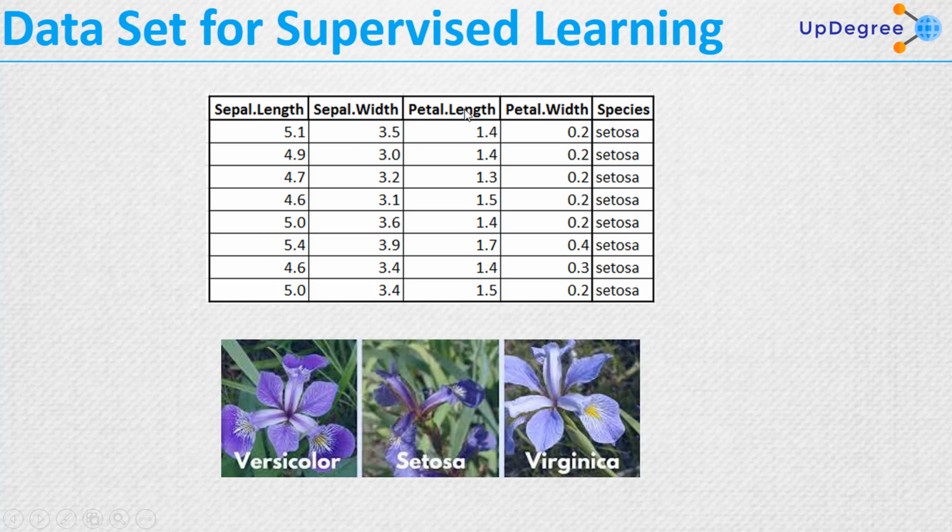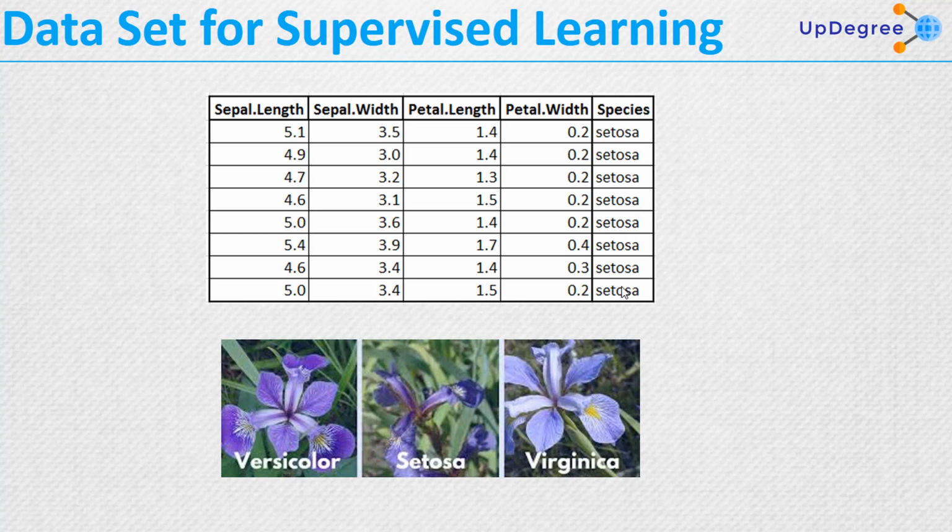These are the feature attributes, and species is the outcome attribute. In this outcome attribute, we have three classes. That means three types of outputs are possible here: setosa, versicolor, and virginica. So this is one example of supervised learning. My machine learning model will get trained from this particular data pattern.